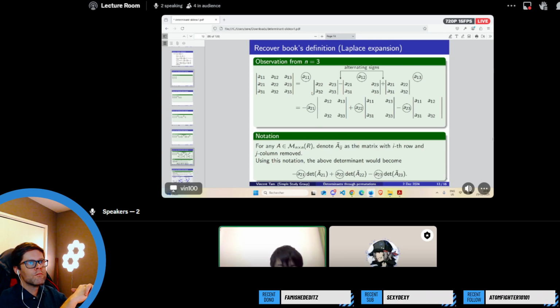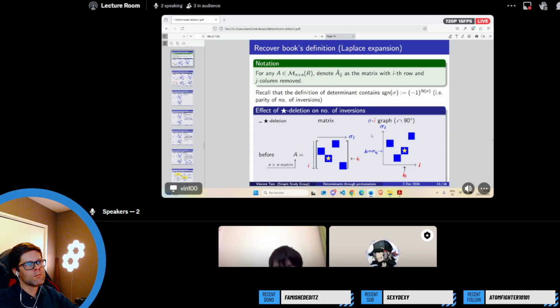What we are trying to do is to pick any row, and then for each element in the chosen row we circle it, and we delete the row and the column containing the chosen element. So here we go back to the visual intuition.